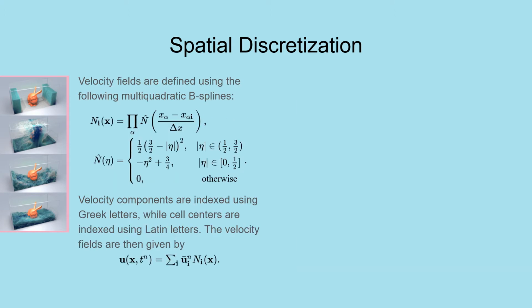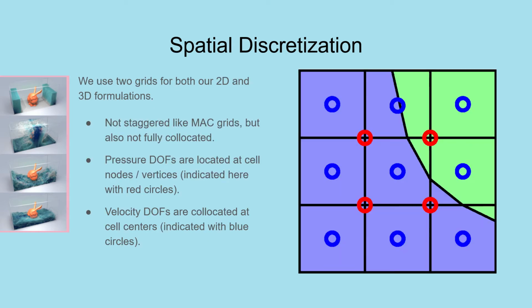We define the velocity field using products of one-dimensional quadratic B-splines. These B-splines are centered at velocity nodes, i.e. cell centers, and they're supported on all neighboring cells. For example, in the figure from the previous slide, the B-spline associated with the center blue node here is supported on these 9 cells.